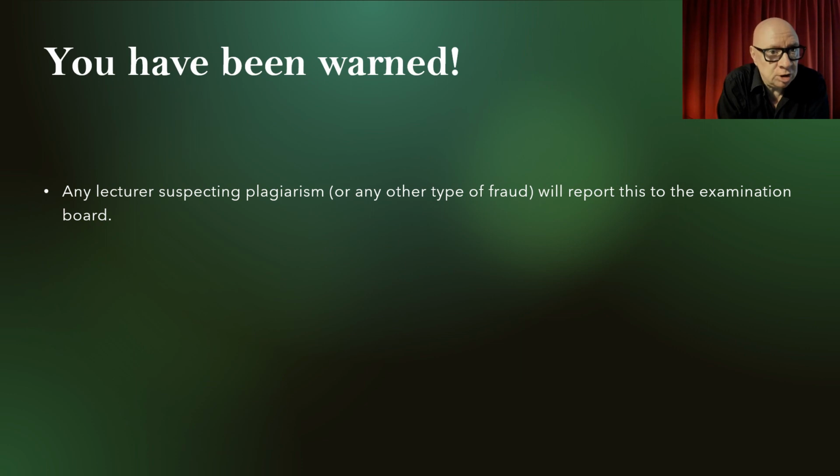The consequences usually are that your essay, thesis, exam is not valid. You're also not allowed to do the resit if it wasn't a resit. And that means that you have to go for the next opportunity. That's the very least of the sanctions, the implications or the consequences of committing fraud.